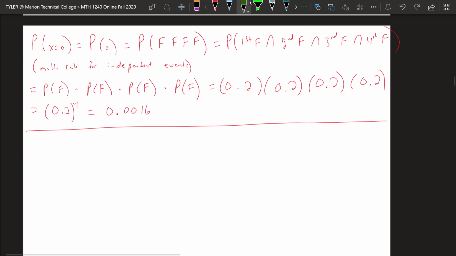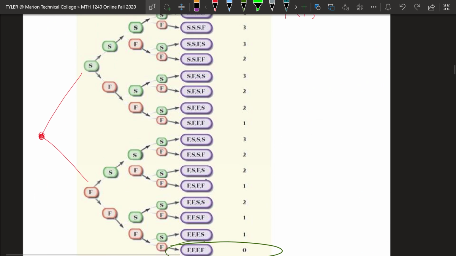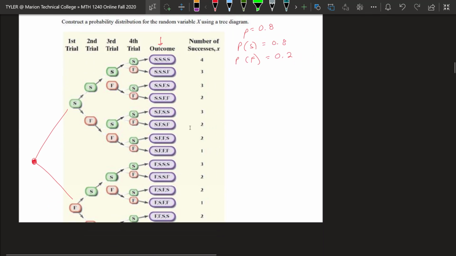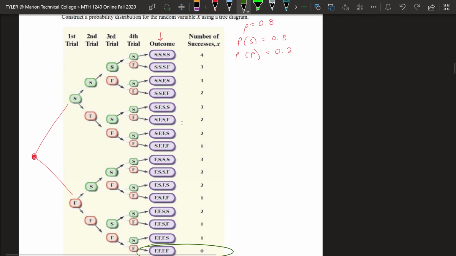All right, so then the next one that we could consider is what's the probability of x equaling 1? That's the next row on our probability distribution table. So again, this would be the same thing as the probability of 1, we could denote it that way as well. So if I look at the tree diagram, I want to look at all of the outcomes that have one success.